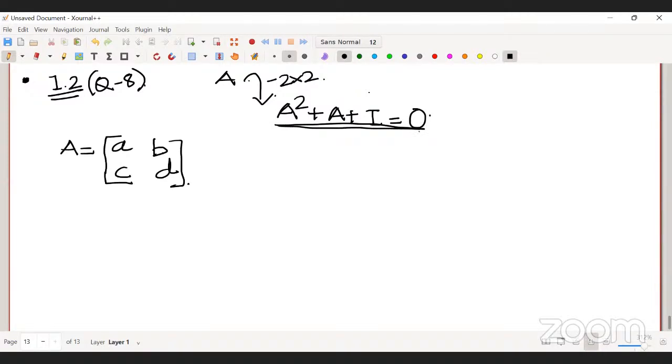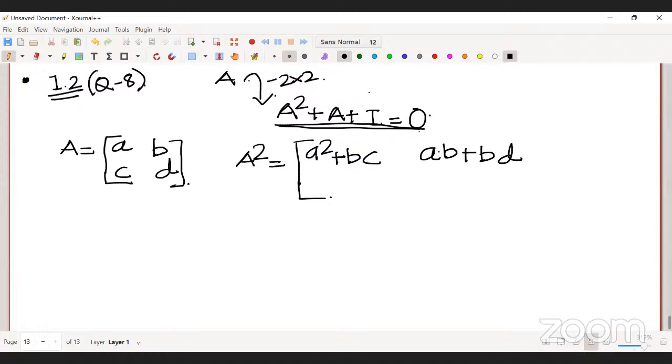So let's start with some arbitrary matrix with entries A, B, C, D. Now if I multiply A with A, what is A square? What is the first entry of A square? A square plus BC. Yes, correct. The 1, 2 entry of A square is AB plus BD, right?